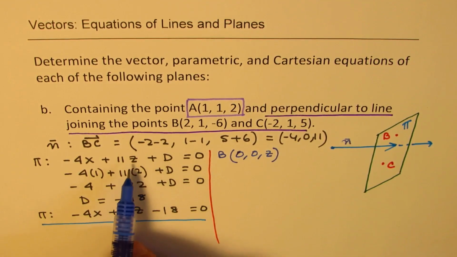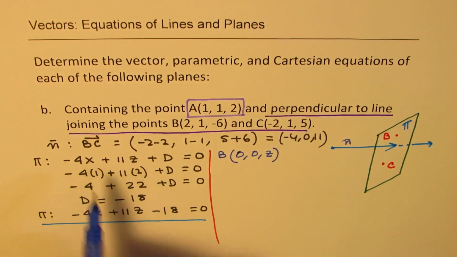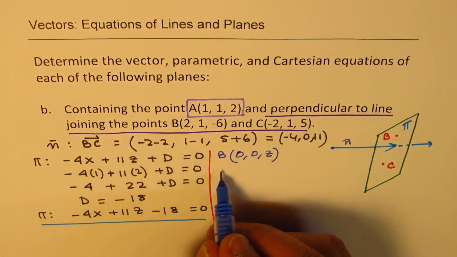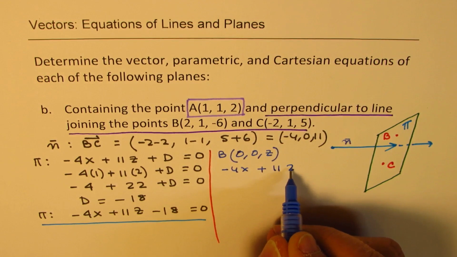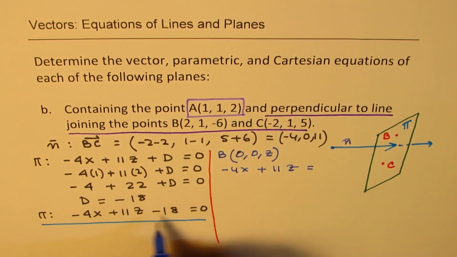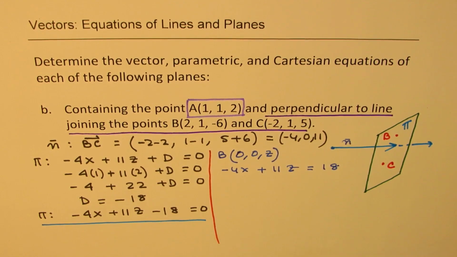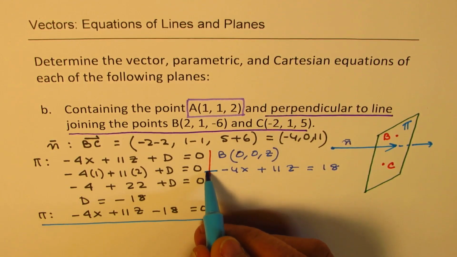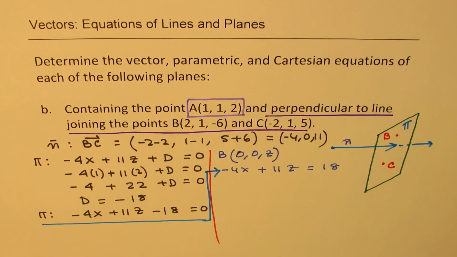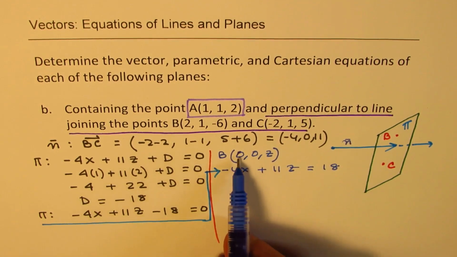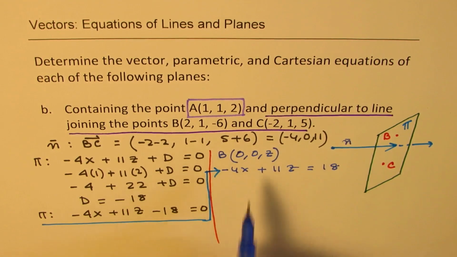So if I put 0 here, let me rewrite the equation. The equation could be written as minus 4x plus 11z equals 18. That is the equation where we know the value of z. Now, if I substitute 0, 0, we'll find what z is.